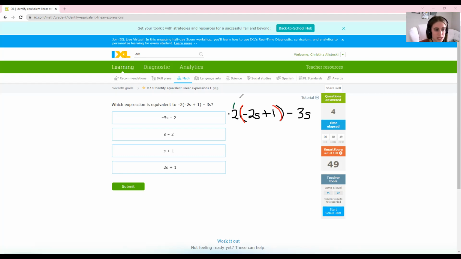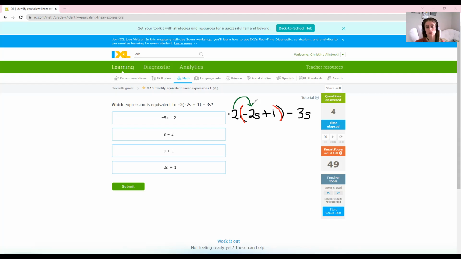Let's multiply -2 times -2s. When multiplying and dividing integers, so multiplying and dividing negative and positive numbers, if their signs are the same, your answer will always be positive. If their signs are different, your answer will be negative.